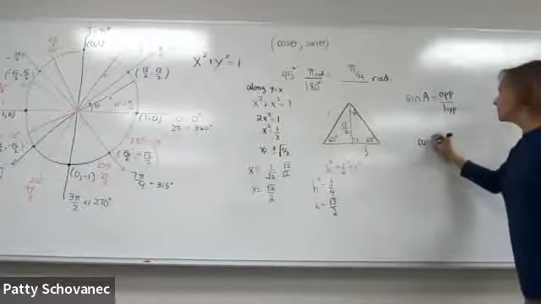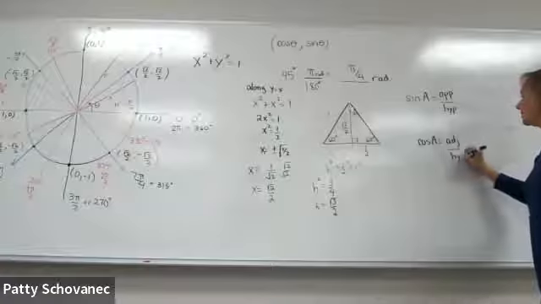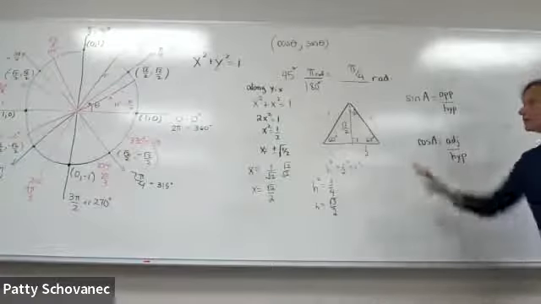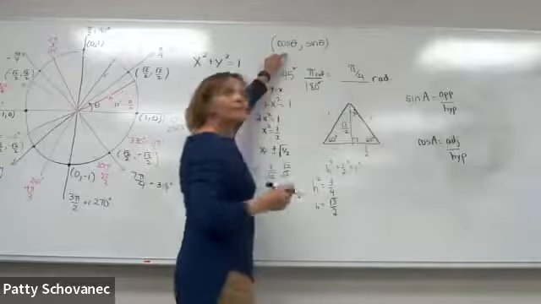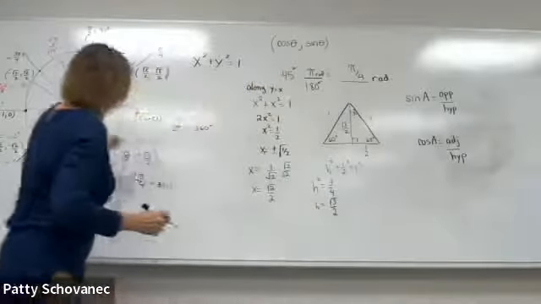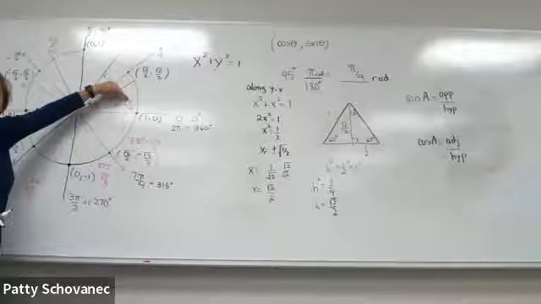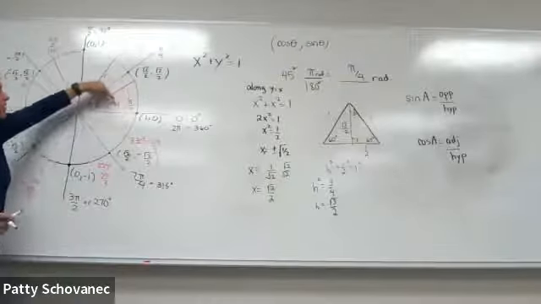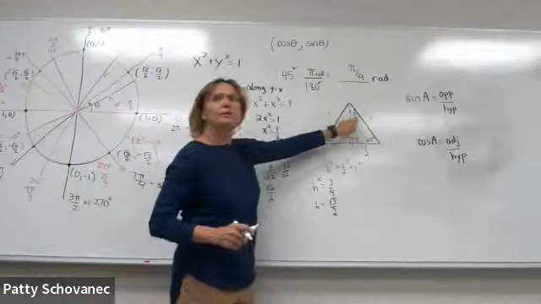And the cosine of any angle is the adjacent side divided by the hypotenuse. So using that picture, and the fact that my ordered pairs are this way, let's figure out the cosine of pi over 6 or the cosine of 30 degrees.